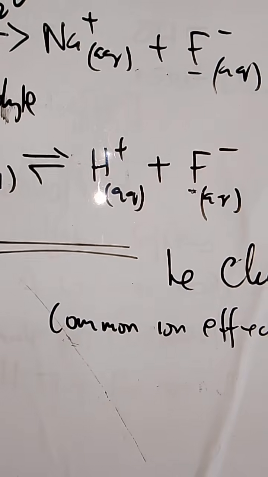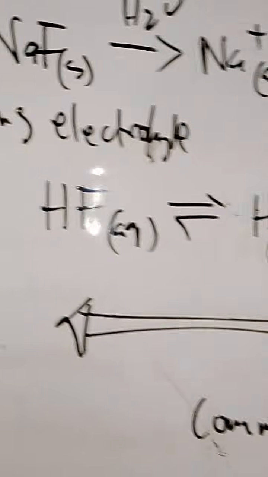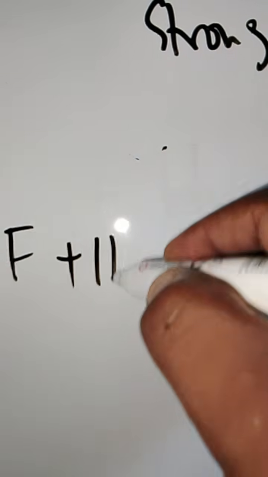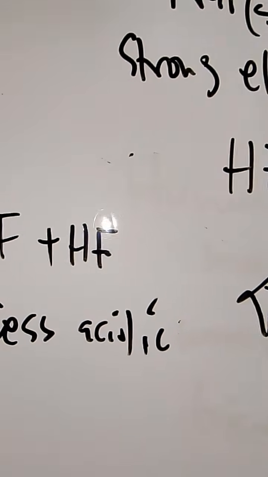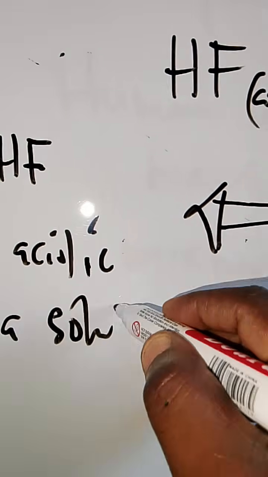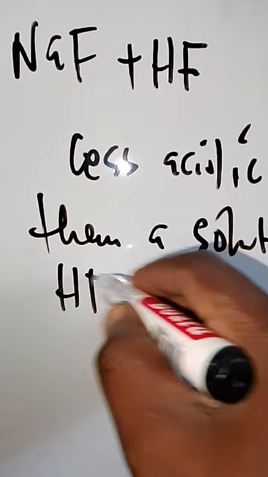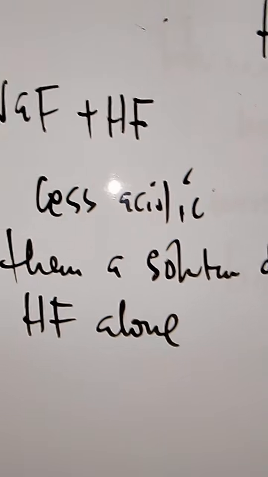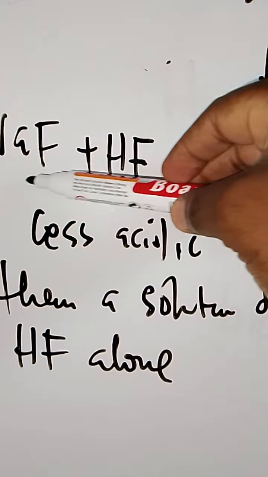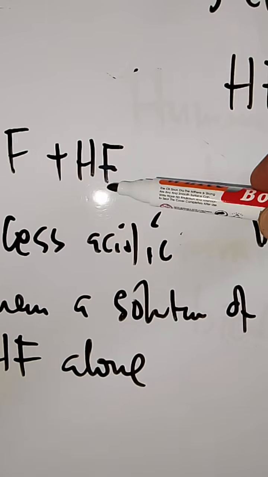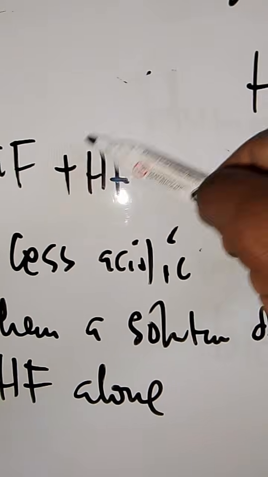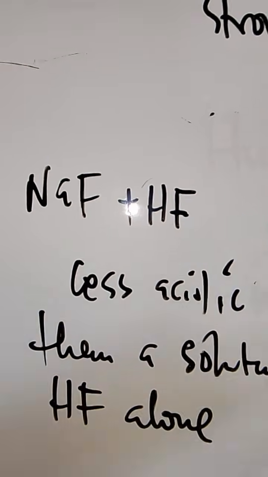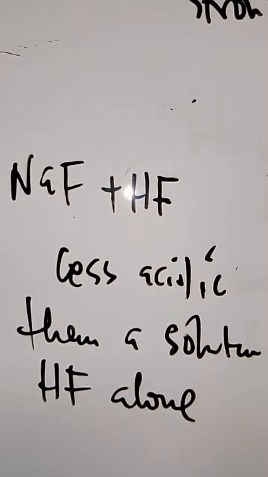Okay, so this effect makes a solution of sodium fluoride plus hydrofluoric acid less acidic than a solution of hydrofluoric acid alone. So we have seen that when you introduce the salt into this acid, the extent of dissociation of the acid will be greatly reduced by the presence of the common ion.